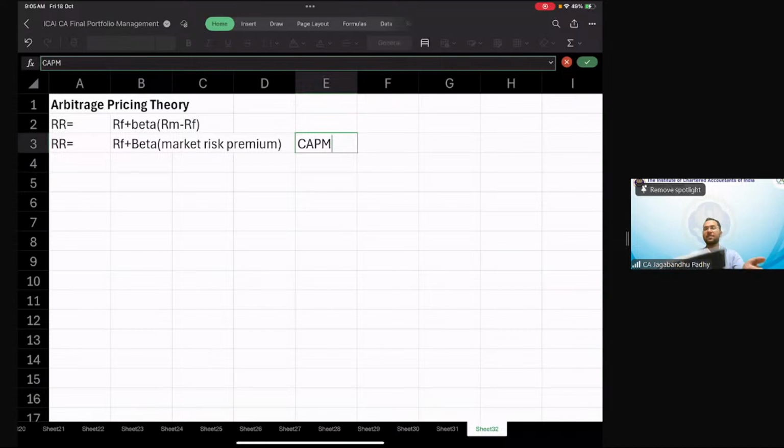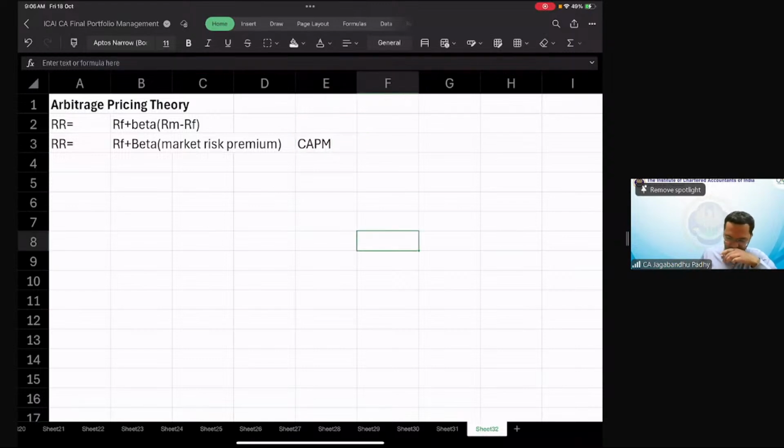Now, arbitrage pricing theory takes it further and it says that you know what, the market risk premium, which is computed as RM minus RF, that is not actually the source of risk. CAPM says that RM is the market return as the market moves, and in comparison to that, however the security moves is what is represented by beta.